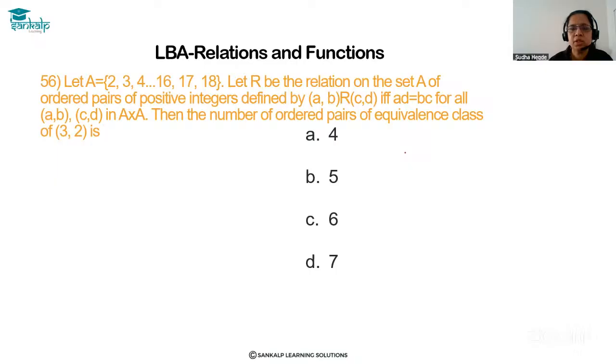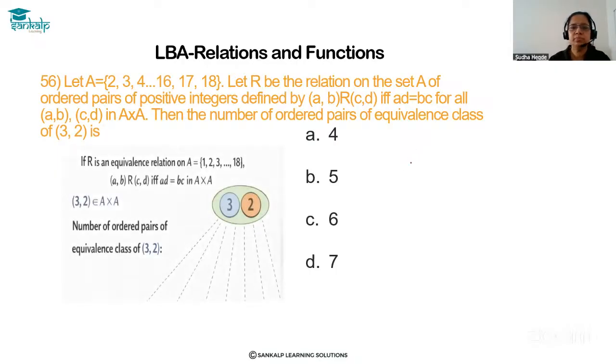Let R be the relation on the set A × A of ordered pairs of positive integers defined by (a, b) R (c, d) if and only if ad = bc for all a, b, c, d in A. Then the number of ordered pairs in the equivalence class of (3, 2) is. You need to find the number of ordered pairs in the equivalence class (3, 2).